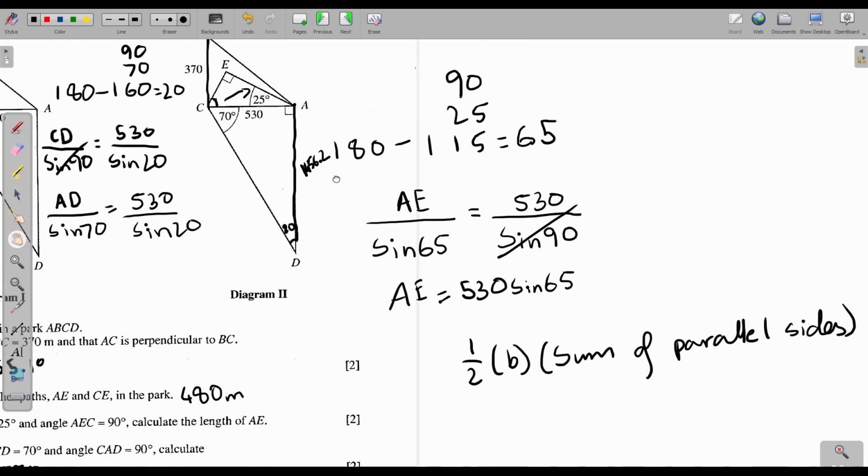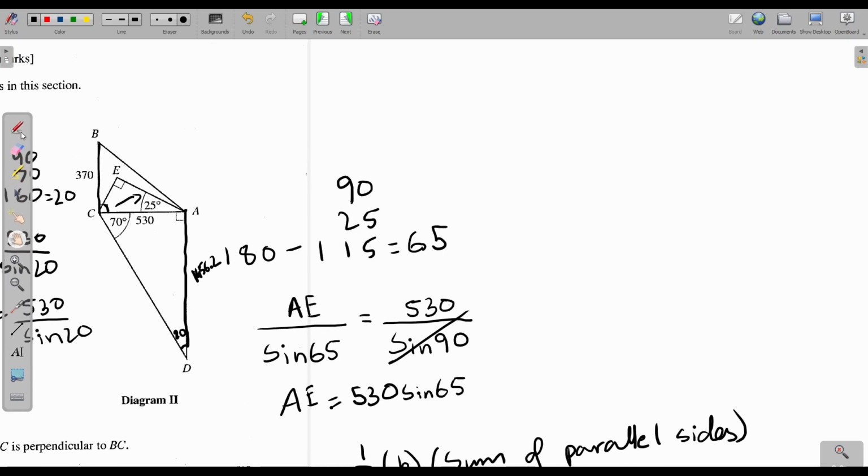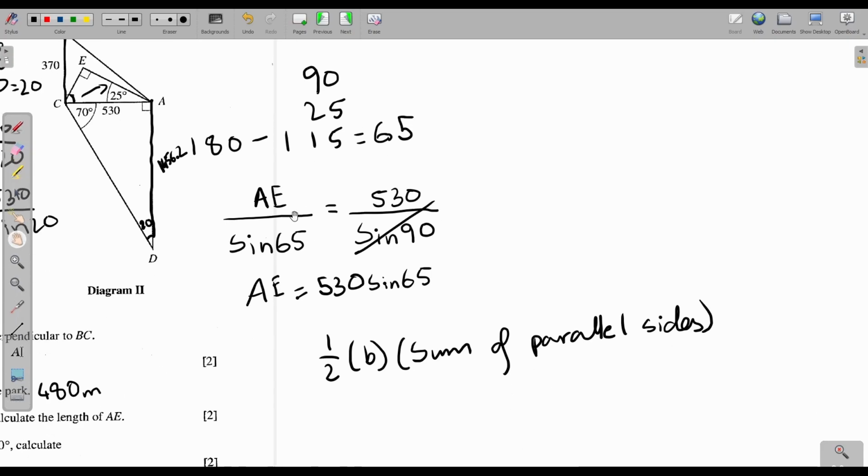All right, now we know our two parallel sides, and we know the distance between the two parallel sides, which is just going to be this space, and we already know this to be 530. So you can do half of the base, which is 530, into the sum of 370 plus 1456.2.